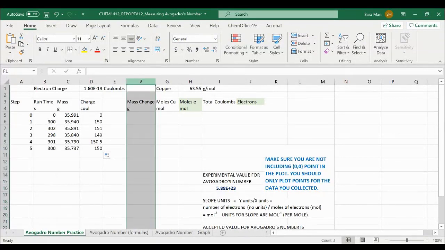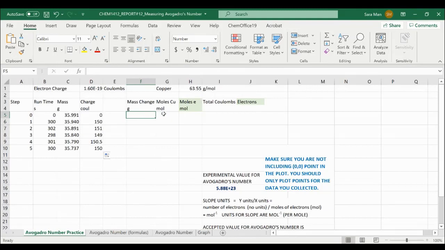Very good. So now we are in column F. We have to calculate the mass change. So we want to know how much mass is lost from step 0. So what do we need to do? Let's say we are here.